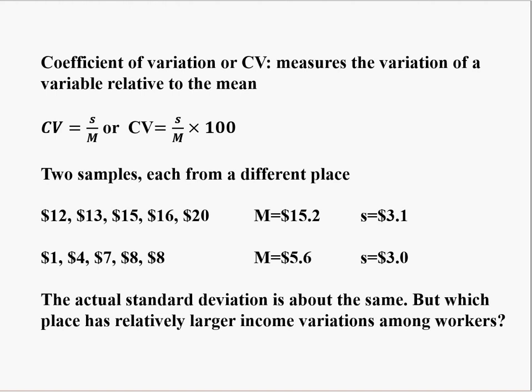Two places may have the same standard deviation, but they may have a very different level of average value. And the same standard deviation may appear very small for one place, but very large in another place. So that is the usefulness of a coefficient of variation.